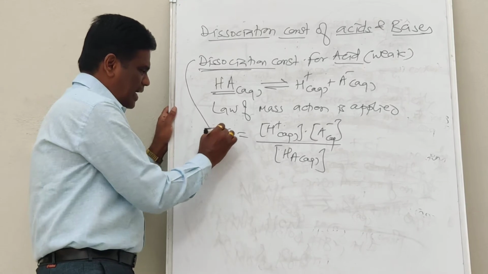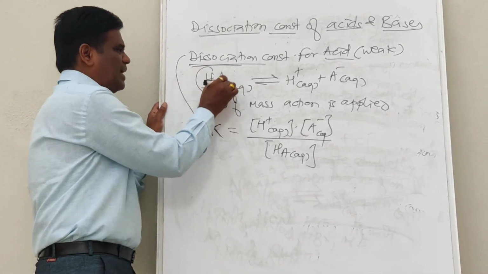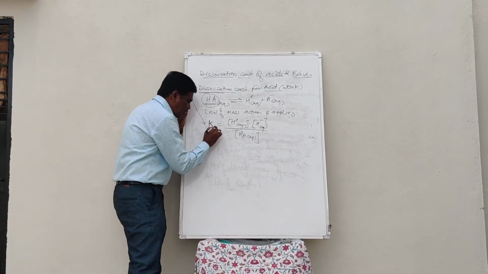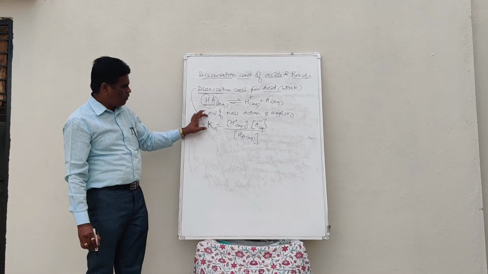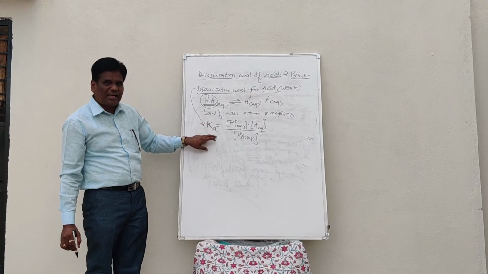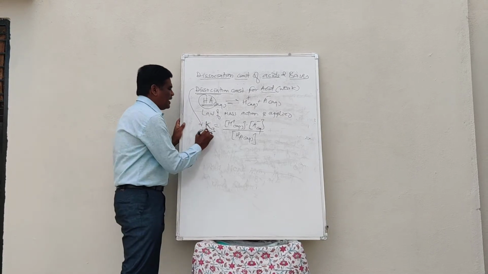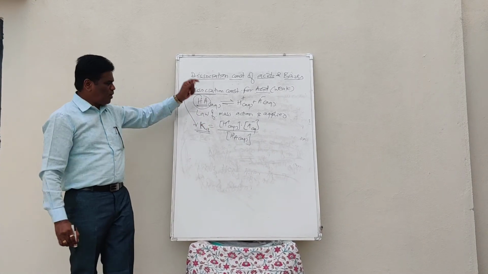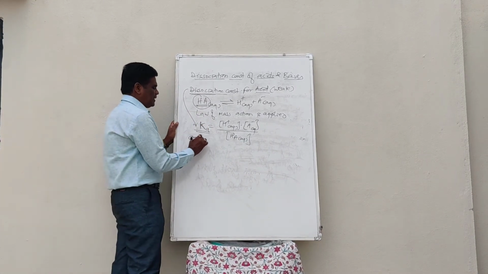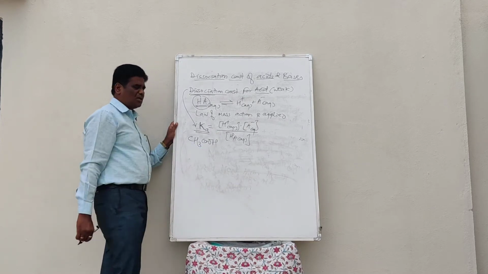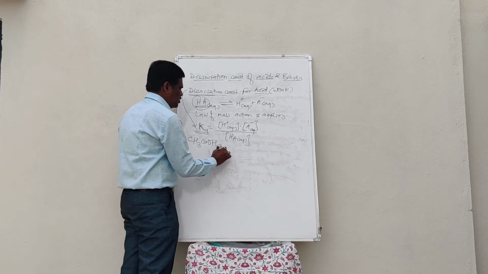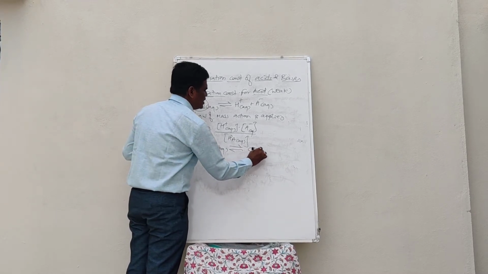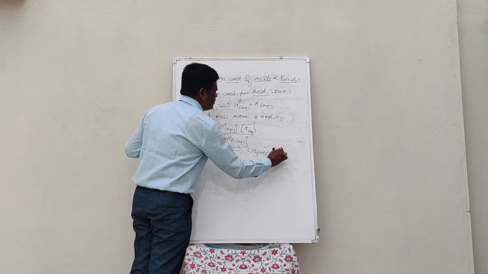Now this K is for acid because HA is taken as an example of an acid, and therefore instead of K only you can write Ka. K stands for dissociation constant and a stands for acid, and this Ka is called the dissociation constant for acid. Suppose for example you consider acetic acid. You have to write the dissociation constant for acetic acid. CH3COOH in aqueous media will dissociate partially as CH3COO minus ions plus H plus ions.